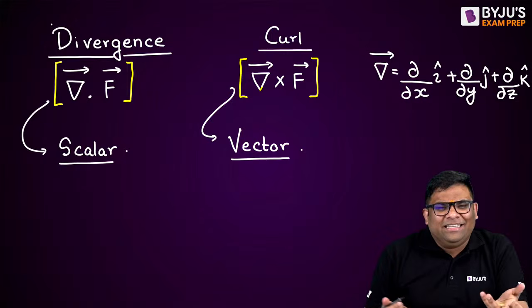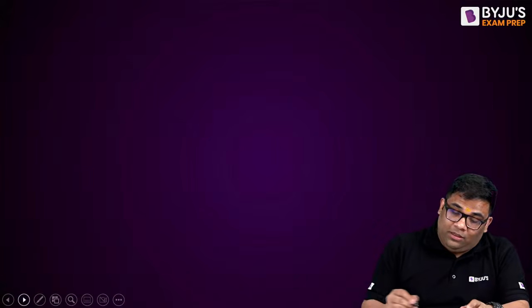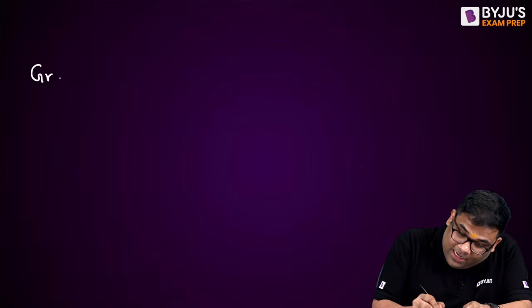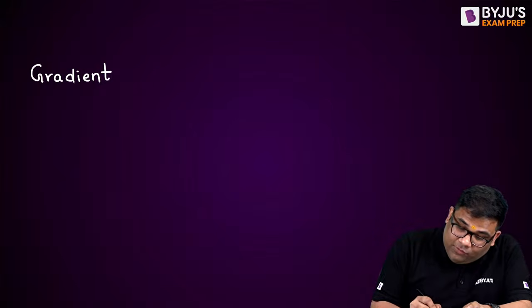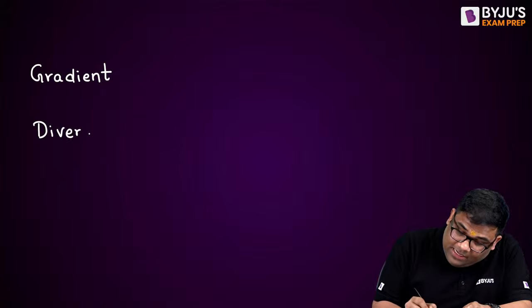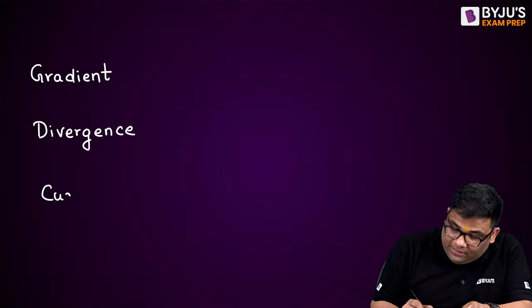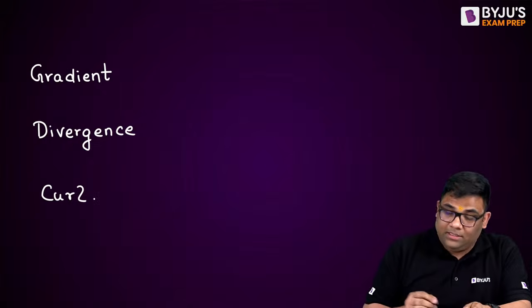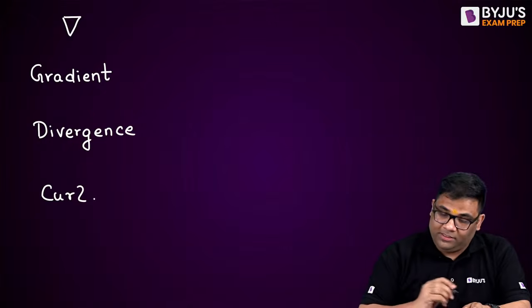Easy, so easy. Now if I summarize all three, I write down gradient, next divergence, and next curl. Three things. Everywhere del will come into the picture.